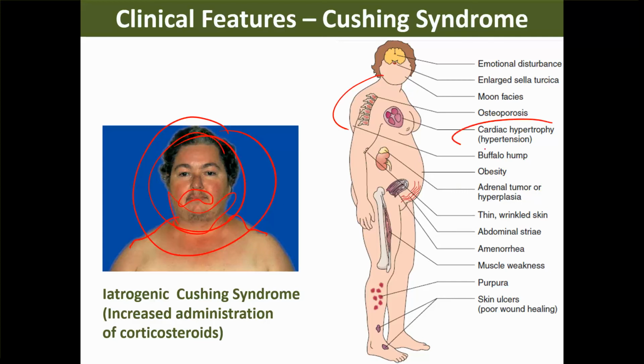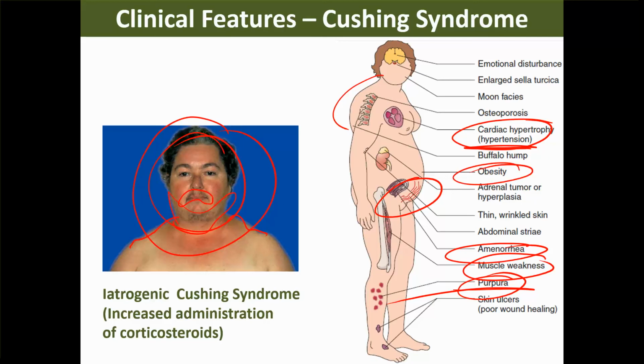They produce cardiac hypertrophy because of hypertension, and they have characteristic striae. Their muscles become weak, the female becomes amenorrheic, and the vessels become very weak, so they produce purpura, small bleeding spots. They have central obesity, and this also leads to osteoporosis. These are the characteristic features of Cushing syndrome. Understand?